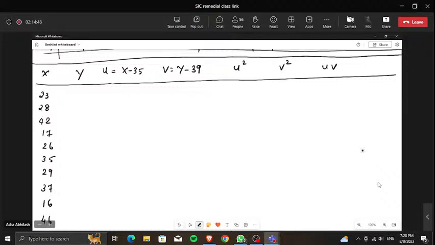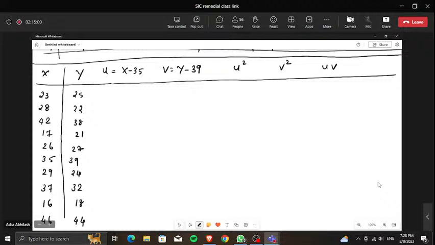Y values are 25, 22, 38, 21, 27, 39, 24, 32, 18, and 44.